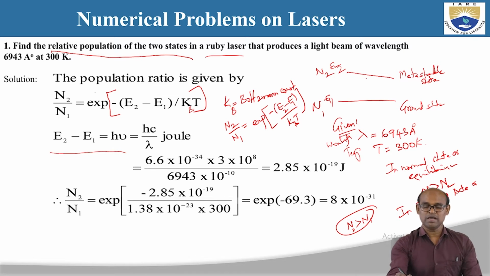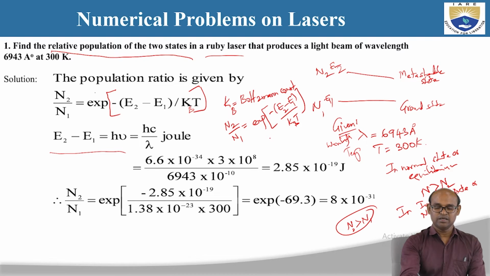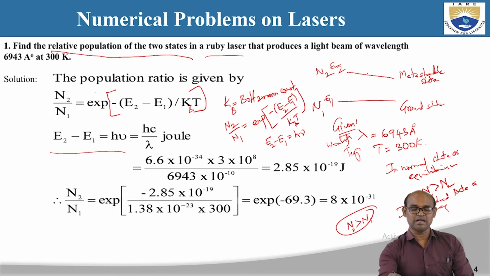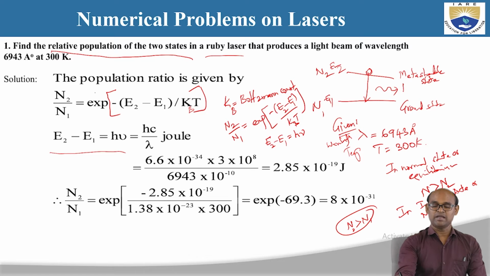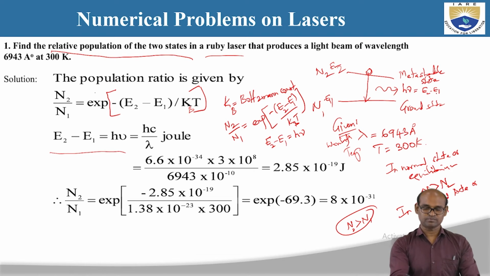The difference between these two energy states is always the photon energy. When an atom decays from the metastable state to the ground state, it emits a photon, and the energy of the photon is h nu, which is equal to E2 minus E1.